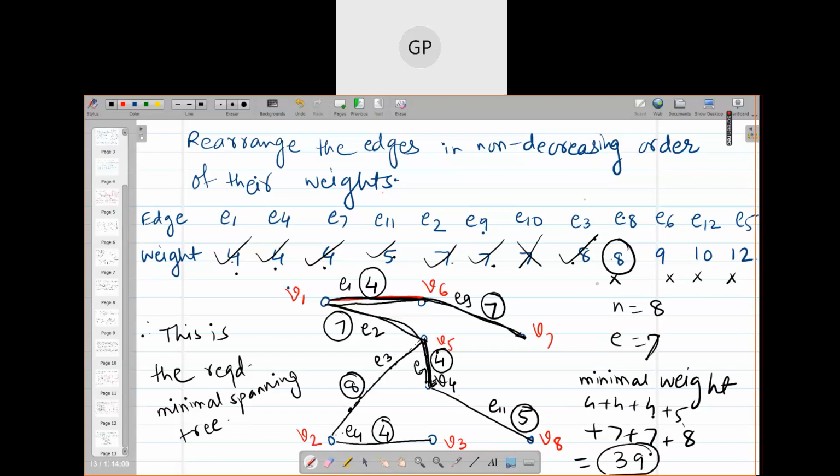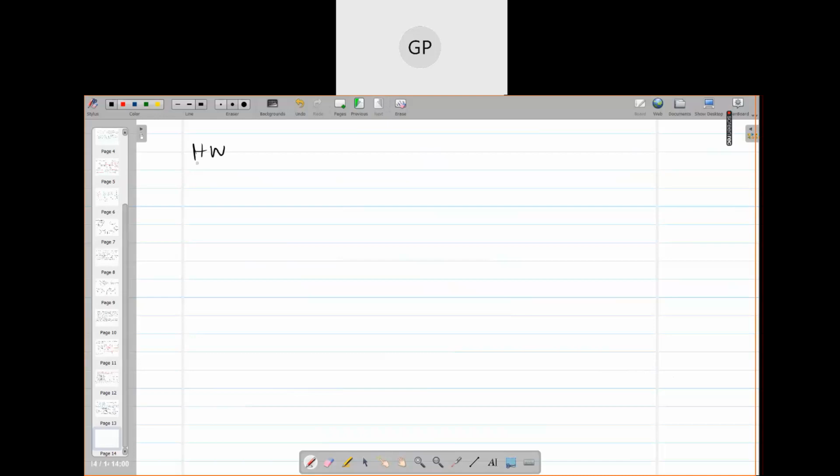Have you understood it? Kruskal's algorithm? Yes. Okay. So do this one as homework: find the shortest spanning tree.